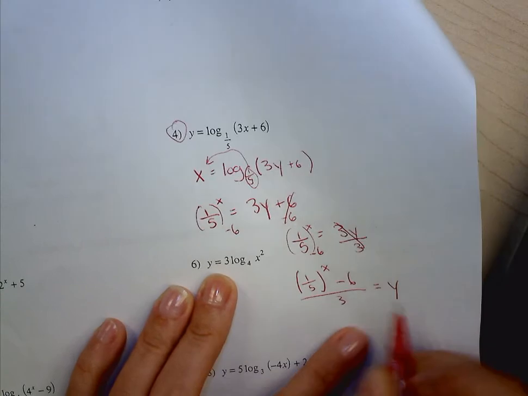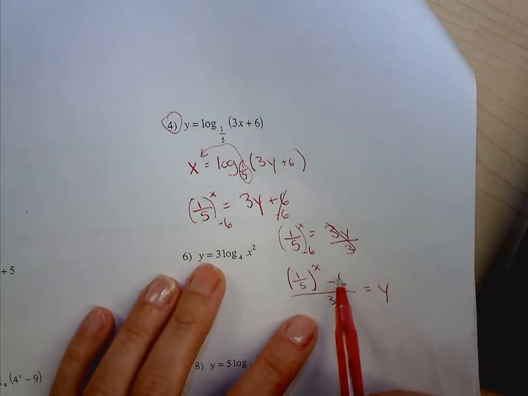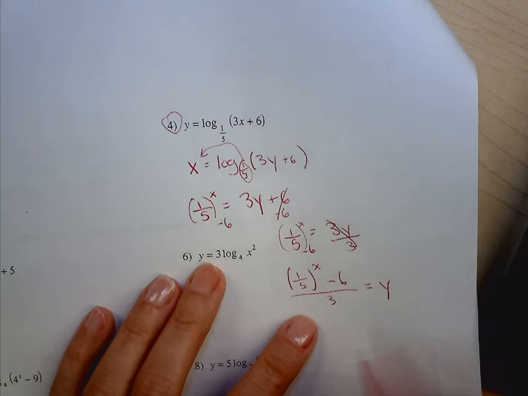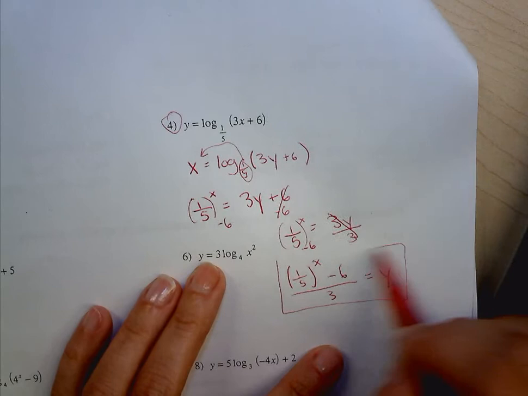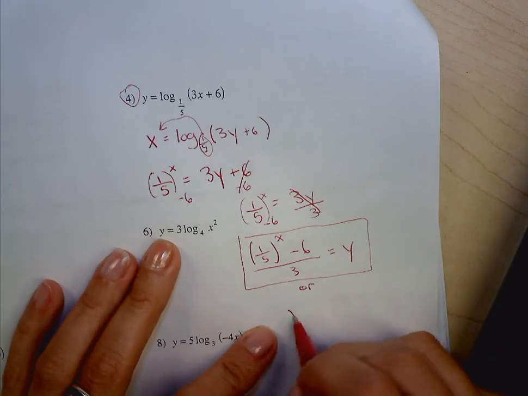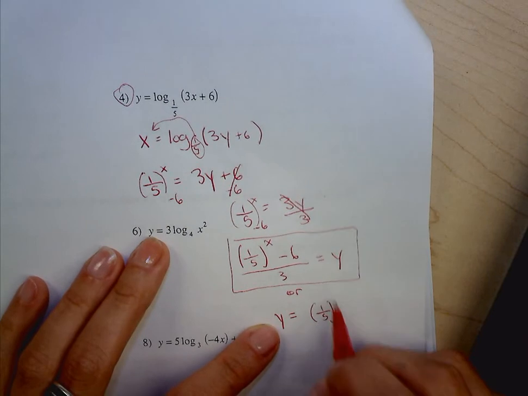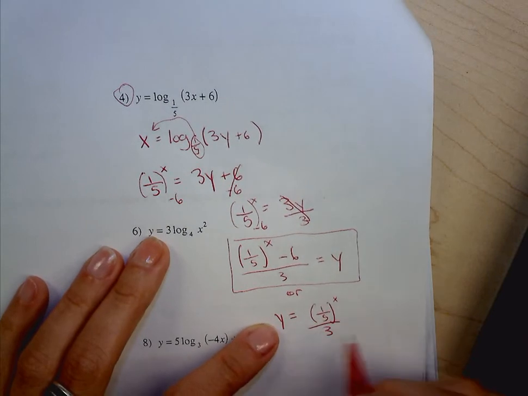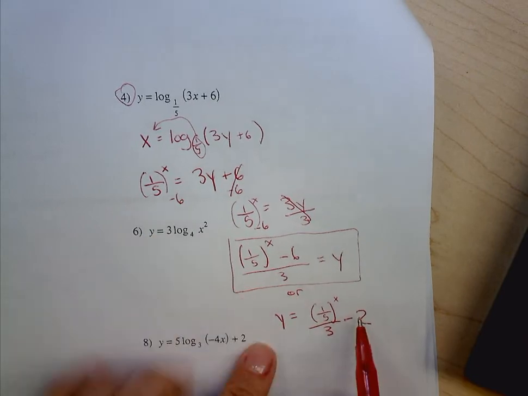And you could either separate this out, both under 3, and then simplify the negative 6 over 3. But I'm fine with you all keeping it like this. Or your answer could look like this: y is equal to 1/5 to the x over 3 minus 2, because I would simplify the negative 6 over 3, which is negative 2.